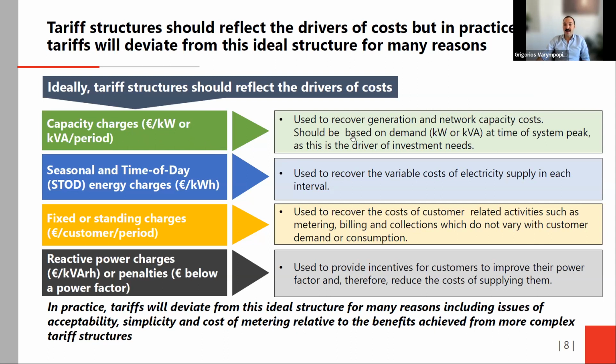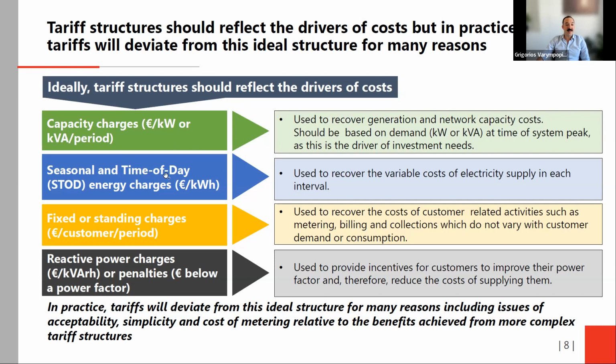And they are typically based on demand, kilowatts or kVAs, at time of system peak, because the system peak is the driver of new investment needs. So the networks are designed to cover the system peak.